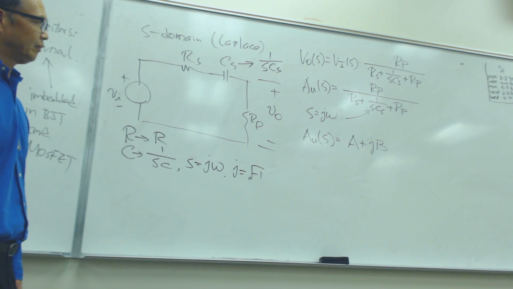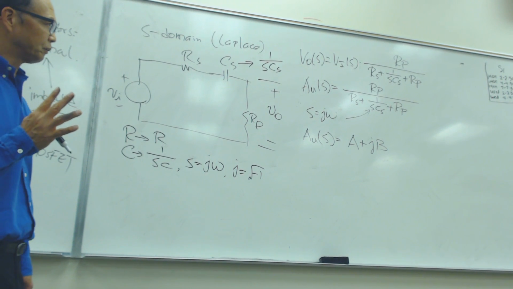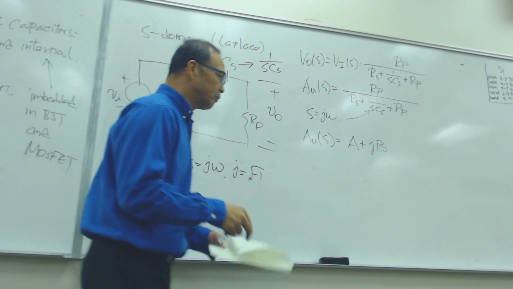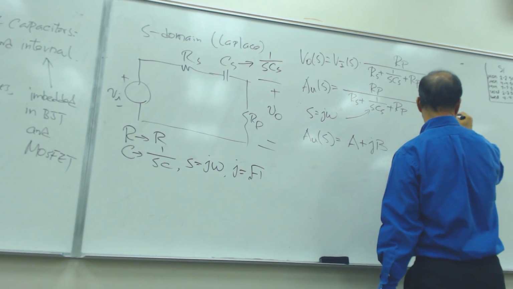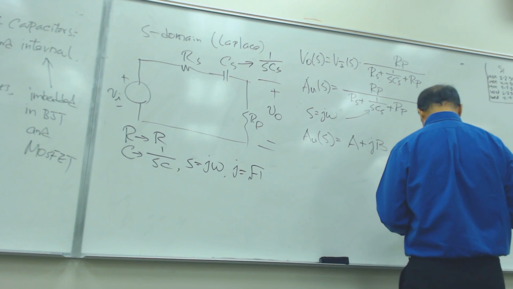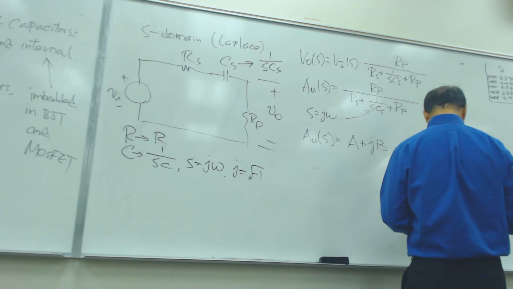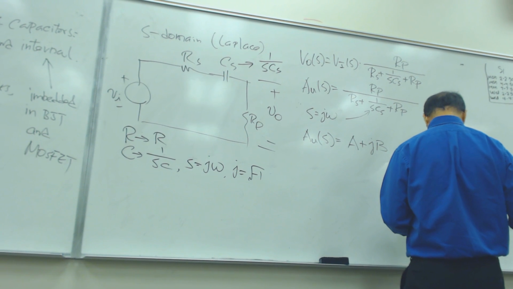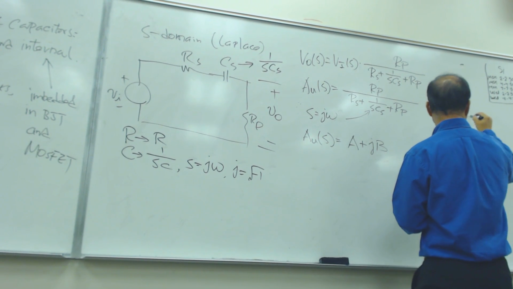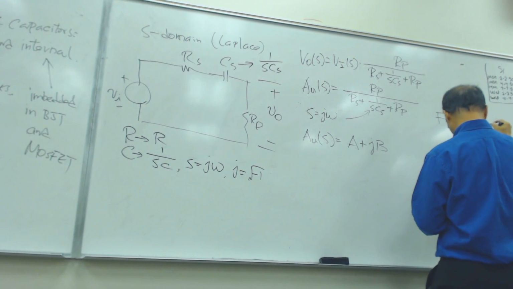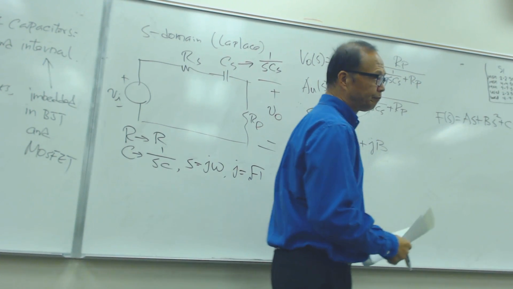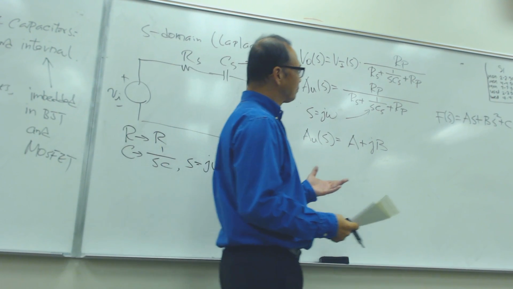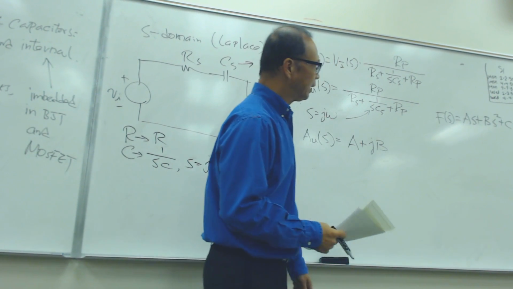Okay, maybe you forgot how to do that? So let me give you an example. Let's say I have a function equal to something like, I'm just going to take an example, A S plus B S squared plus C S cubed.